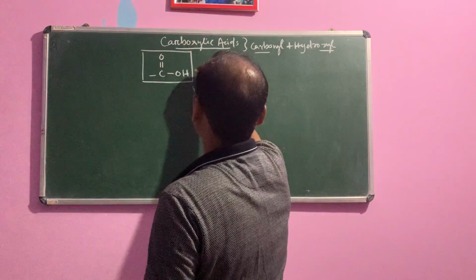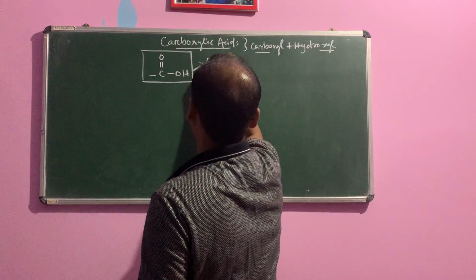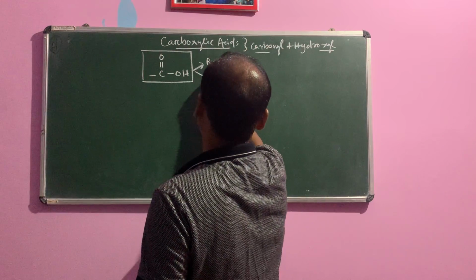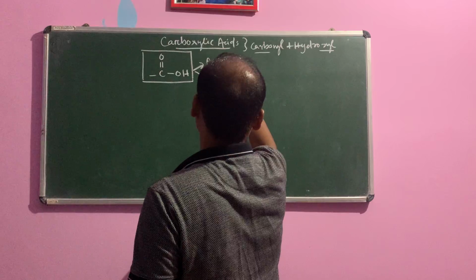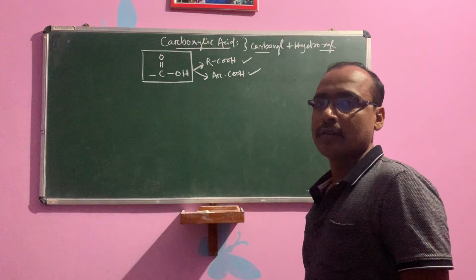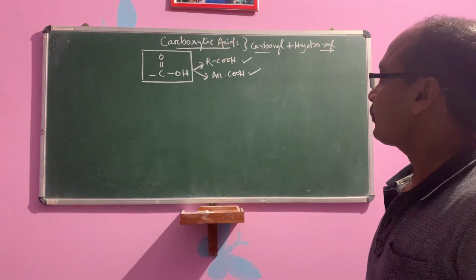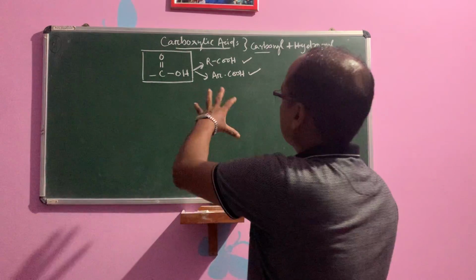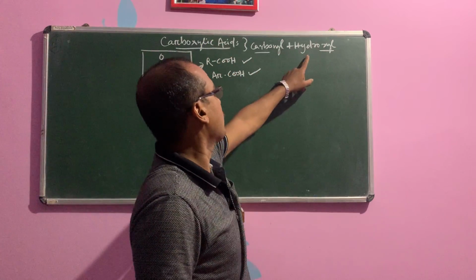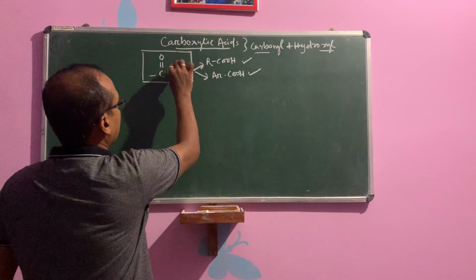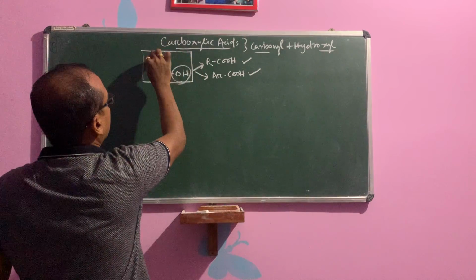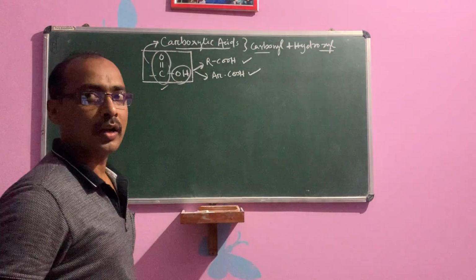So it may be aliphatic, RCOOH, or aromatic, ArCOOH, where Ar means aromatic. So these are the functional group: aliphatic, aromatic, carbonyl plus hydroxyl. This is your hydroxyl and this part is your carbonyl. Both are mixed to form carboxylic acid, the functional group.